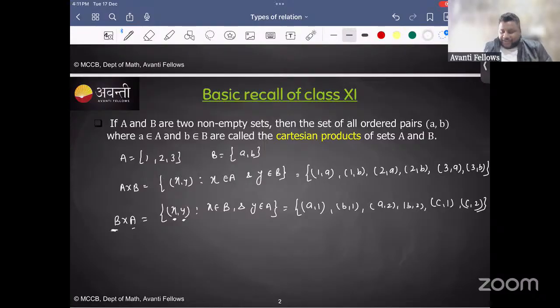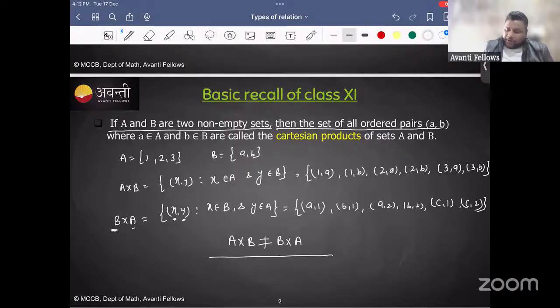From this, it is very clear that A cross B is not equal to B cross A. That means the Cartesian product of two sets is not commutative. So the first thing is that the Cartesian product of two sets is not commutative.